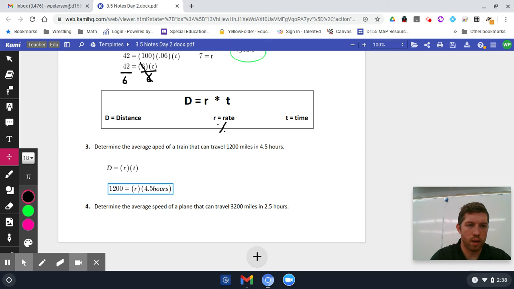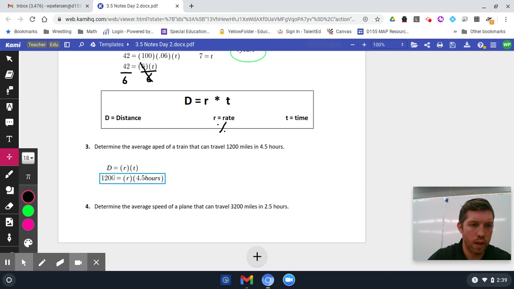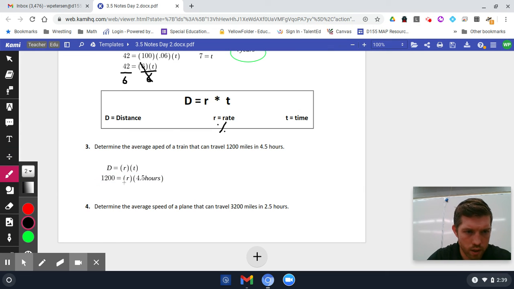So we have to use math, right? So that rate is being multiplied by the time. So the undo multiplication is to do division, right? So we're going to divide both sides by 4.5. So we are determining distance divided by time.